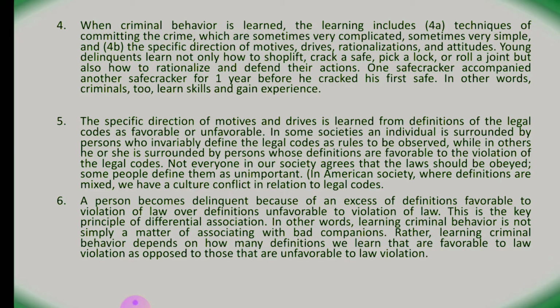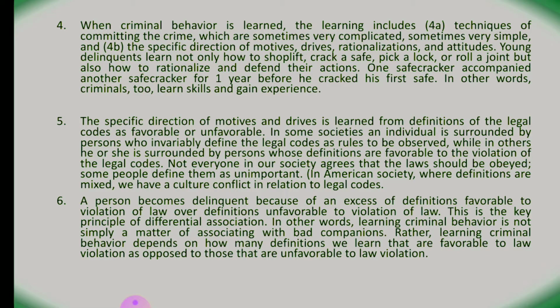Number 4. When criminal behavior is learned, the learning includes 4a. Techniques of committing the crime, which are sometimes very complicated, sometimes very simple, and 4b. The specific direction of motives, drives, rationalizations, and attitudes.